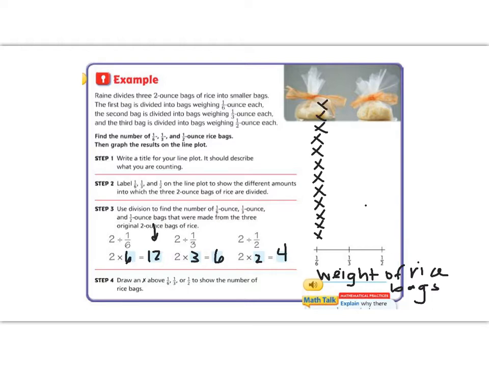Okay, above the 1/3, we have 6 x's. 1, 2, 3, 4, 5, 6. And above the 1/2, we have 4. 1, 2, 3, 4. Okay, now step 4 says draw your x's, and we already did that. So we are all done with this one. We did not need to find the average like we did in example 1.